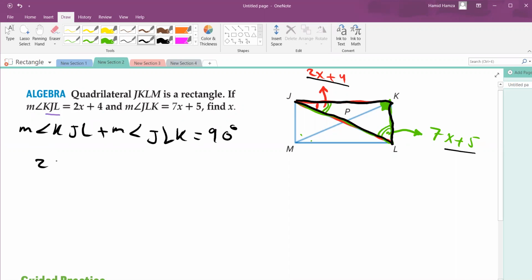Now let's substitute their values and add them directly. 2x and 7x is 9x. 4 and 5 is 9. So 9x plus 9 equals 90. Move the 9 to the other side: 9x equals 81, which is 90 minus 9.